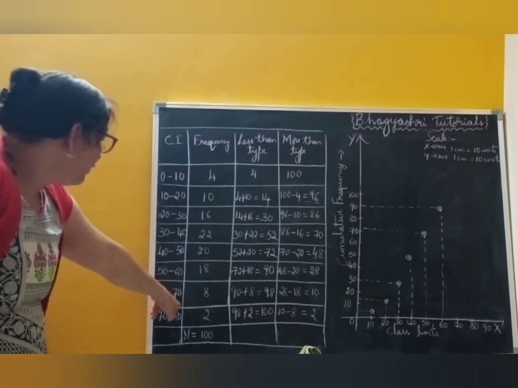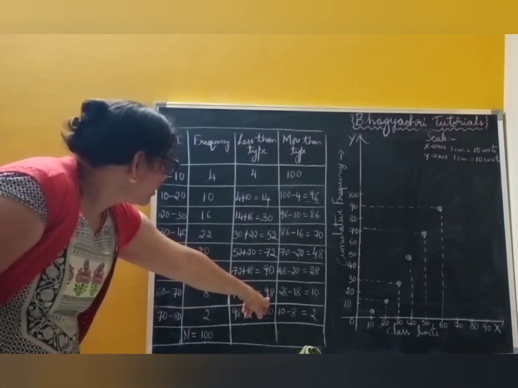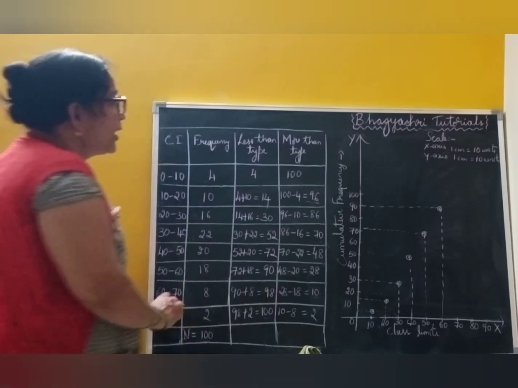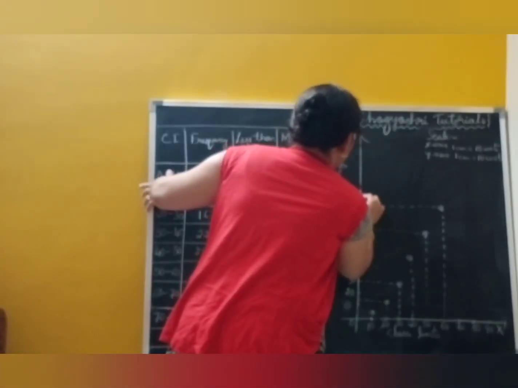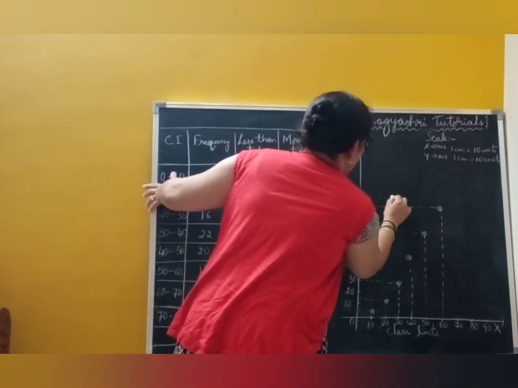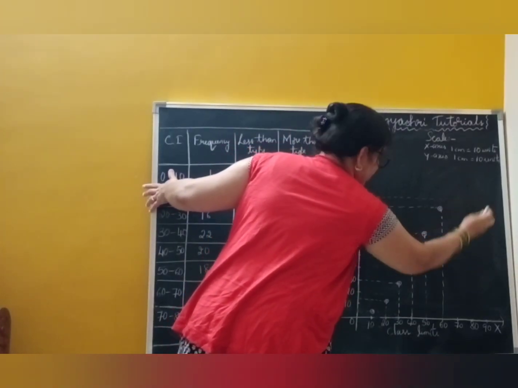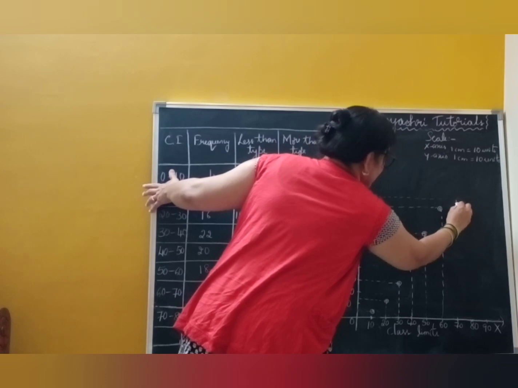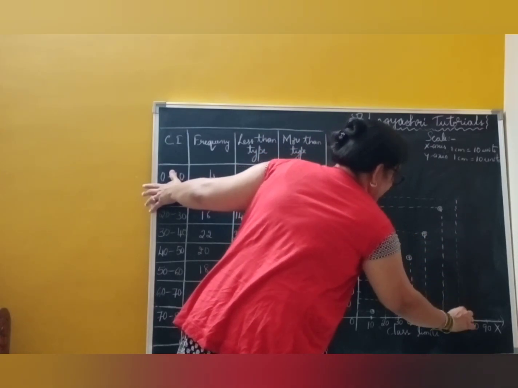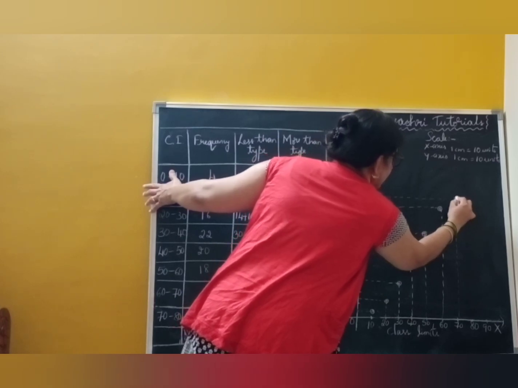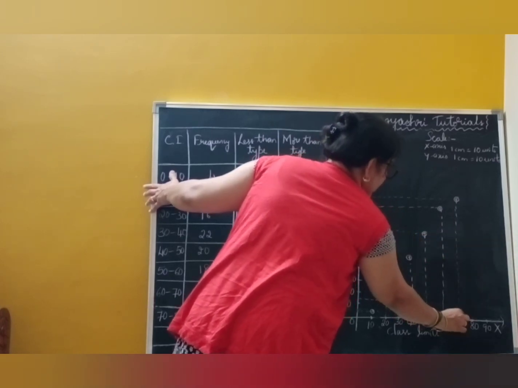Next, for 70, the corresponding less than type frequency is 98, very close to 100. So this point is 98.